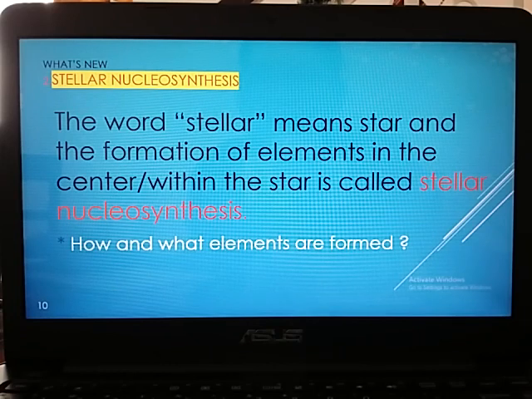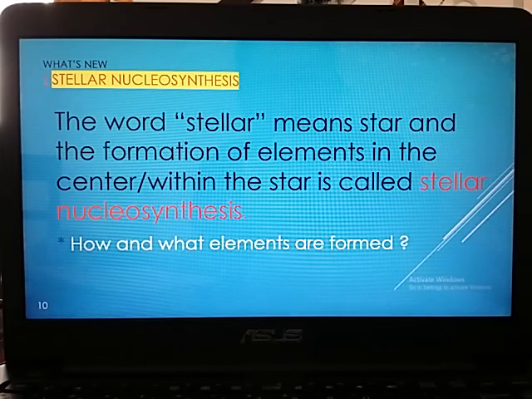So, this is the formation of elements in the star or at the center of the star. So, ang tanong dito, how elements are formed in the star and what kind of elements kaya ang formed in the star? Is it the same ba as in dun sa Big Bang nucleosynthesis or is it the heavier elements?